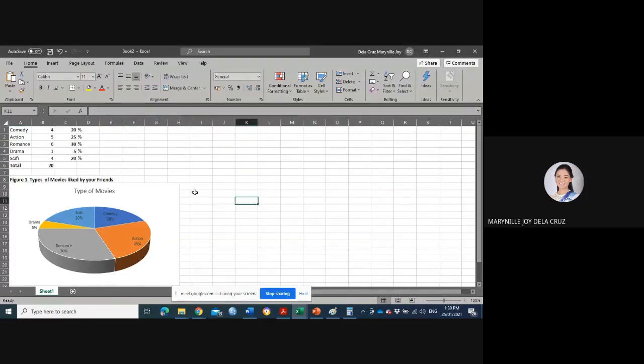Now, how do you interpret this? You always start by a reporting verb. The result or Figure 1 shows that, read the table, read the chart, the pie.